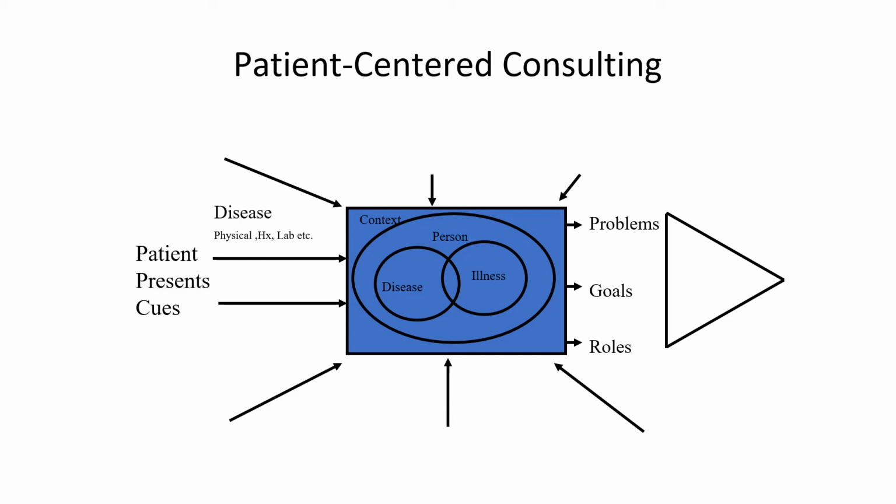Patient-centered consulting states that when we see a patient, we go through the biomedical model, we take a history, do an exam, we go through everything in SOAP that I mentioned, but we also address certain things, and there's also a way in which we put together the plan and we tell the patient what's going to happen. So the patient-centered consultation is an additional framework that you could use in addition to the SOAP model to improve how you deal with patients, how you care for patients.